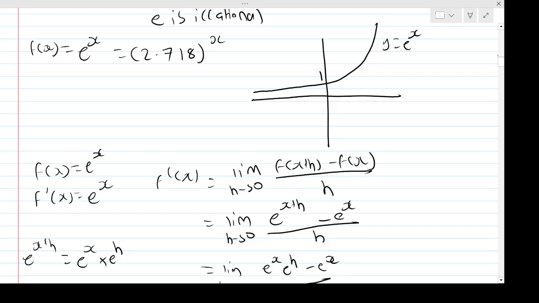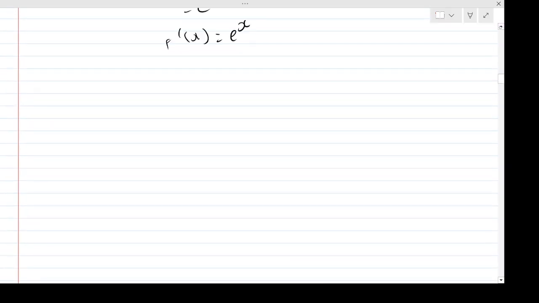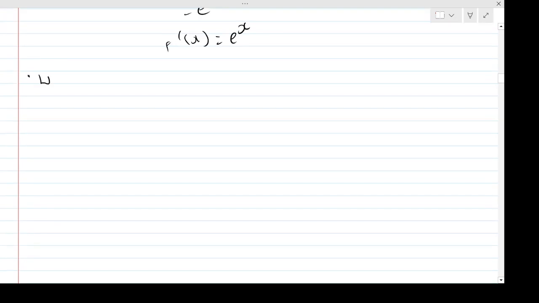This leads on to the reason why we bother with e. The special property is that the derivative is the same as the original function. So if the function is e to the x, the gradient is also e to the x. So with y equal to e to the x, the gradient function is the same.